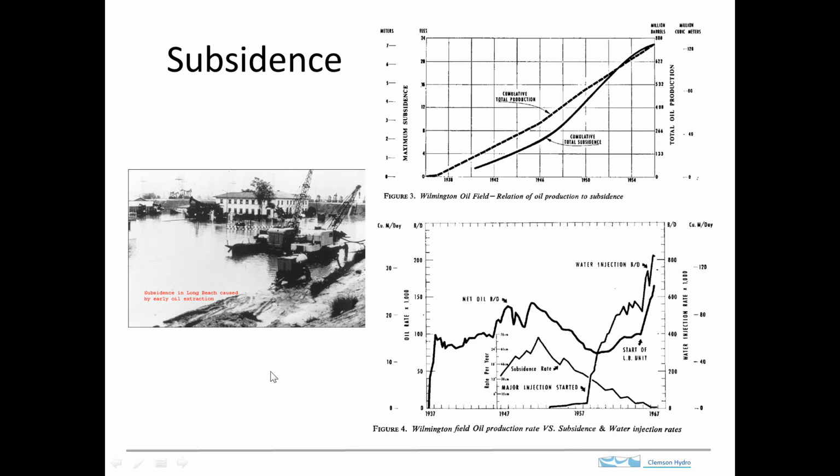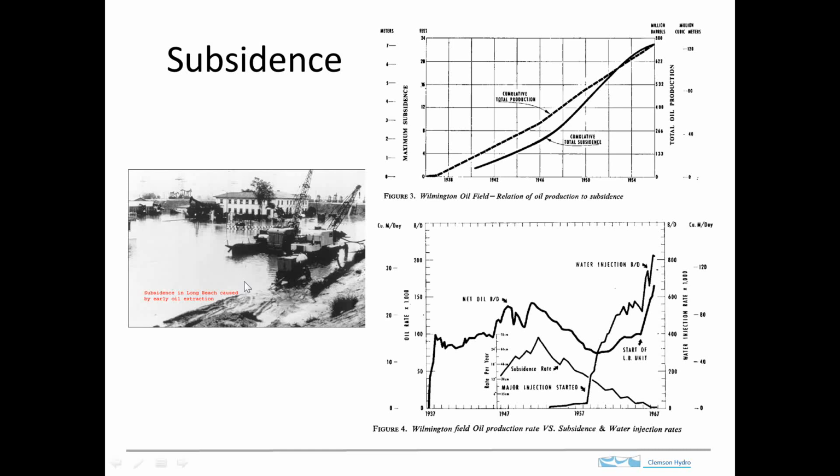And so here's an example of some of the problems. This is an area of the Long Beach area, and it's flooded. The area is right down by the ocean, and so you drop the elevation by 6 or 7 meters, and you're going to have this kind of problem.